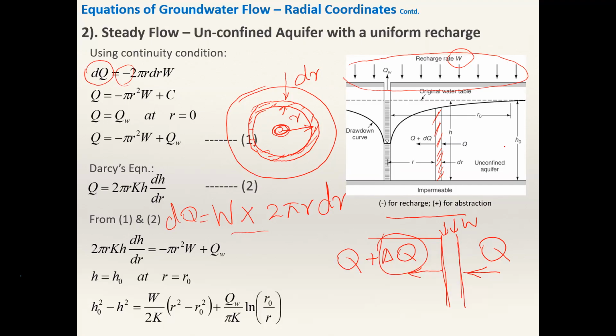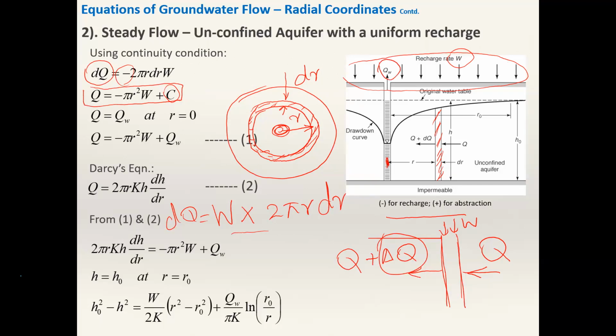Do the integration one time. It comes up with a constant, C is the constant. Now we use a boundary condition. What is that boundary condition? When r is equal to 0, Q is equal to Qw.